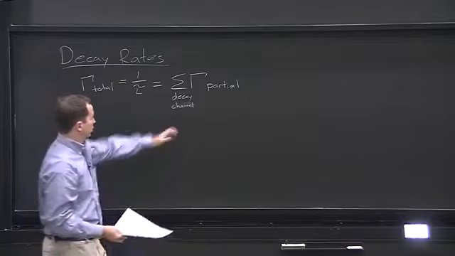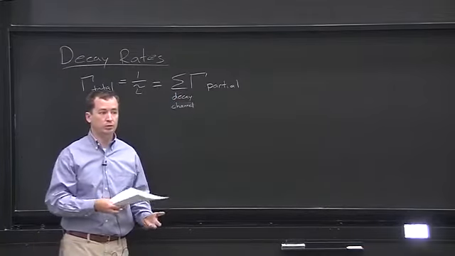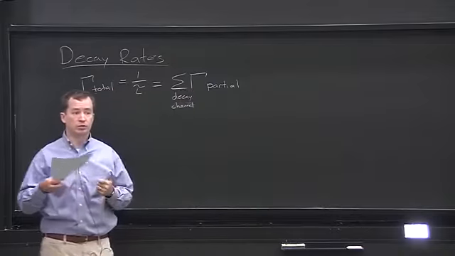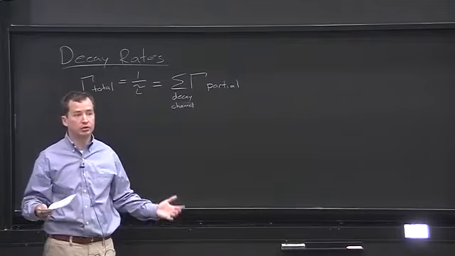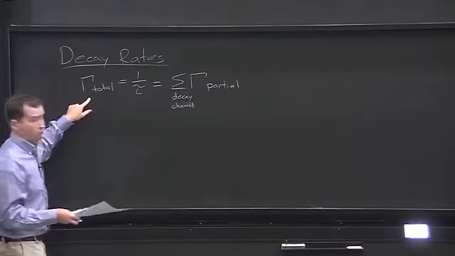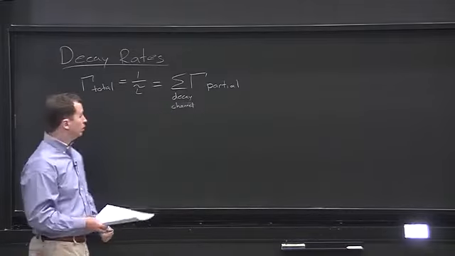So for instance, we can calculate how quickly the tau decays to a muon and neutrinos. That's an easier calculation. Then we have a specified initial state and final state. If we eventually want to get back to the total decay rate, we need to sum over all possible decay channels.